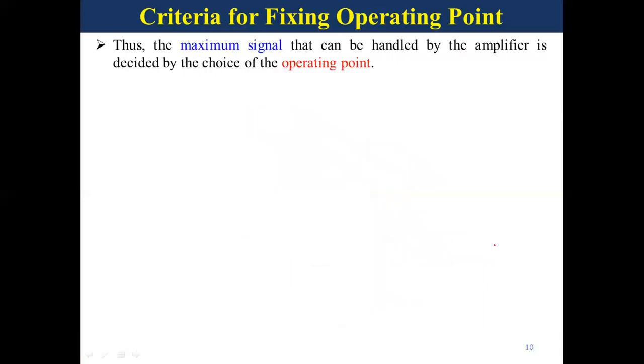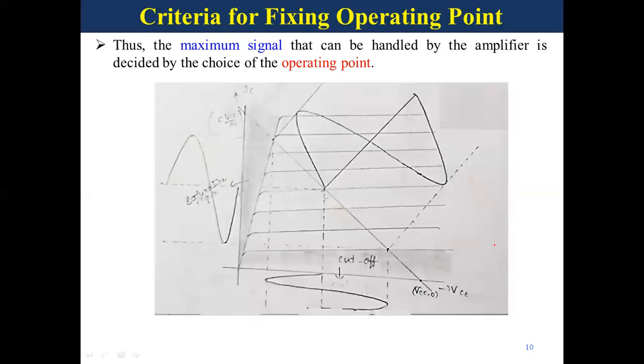Based on this, we can explain the maximum signal that can be handled by the amplifier, which is decided by the choice of operating point. That can be represented in this diagram. Here I am representing the operating point at the middle of the active region, that is C. Then this is the maximum input base signal that can be applied to the amplifier.